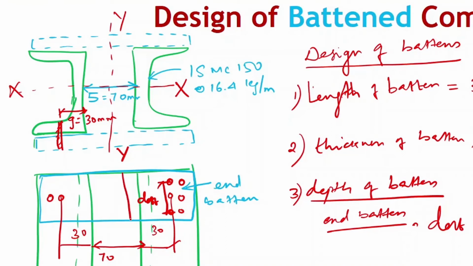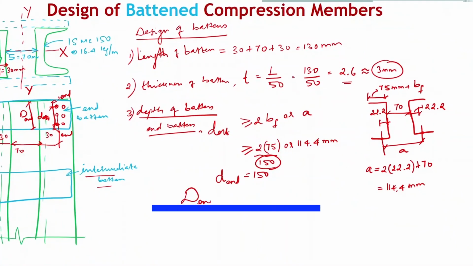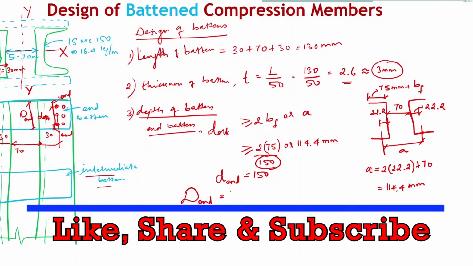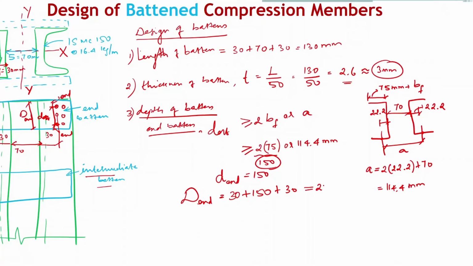This is the overall depth of the end batten. So the overall depth is the effective depth plus the end distance, which you need to add on both sides. So the overall depth of the end batten is equal to 30 mm as end distance, plus the effective depth, plus 30 mm end distance on the other side, which is 210 mm.